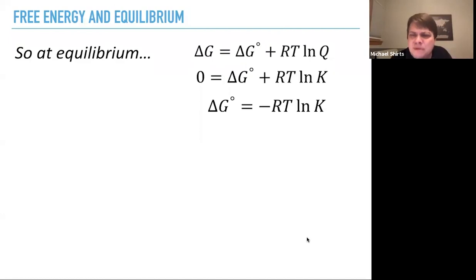So you can see that the equilibrium constant and the free energy are really just the same way of talking about the same sort of thing, which is really powerful, right? The free energy, which is a combination of entropy and enthalpy, can be related to the equilibrium constants that we've seen before, which have nothing to do with thermodynamics. We don't do anything like measuring heats when we look at the equilibrium constant.